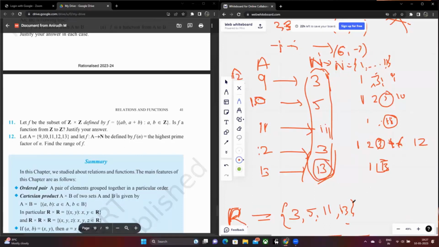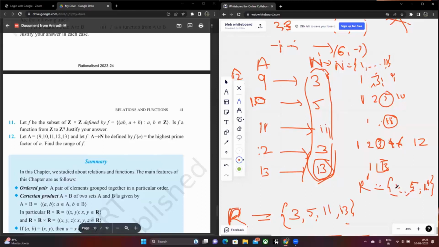So your final range is going to be R dash equals 3, 5, and 11 only. You won't include 13 because 13 is not in the codomain. But you'll have an element in the domain which does not map to anything. That's something that you will notice when you continue your range studies.